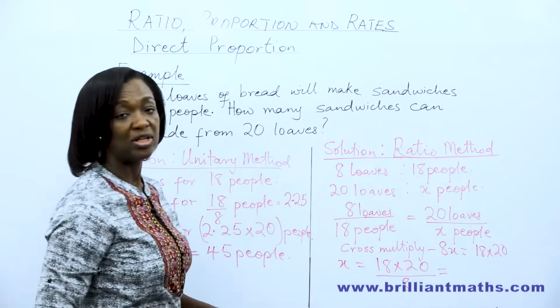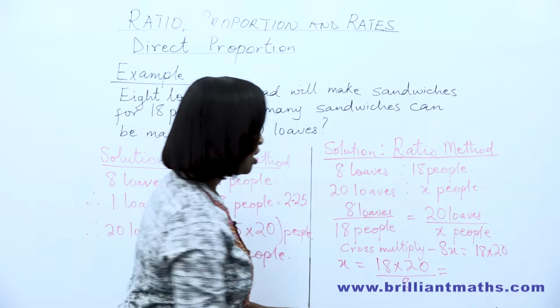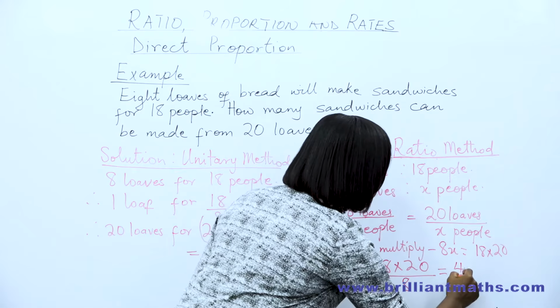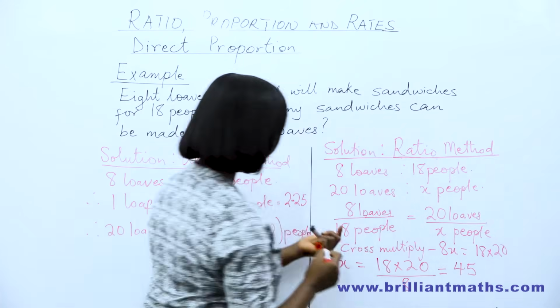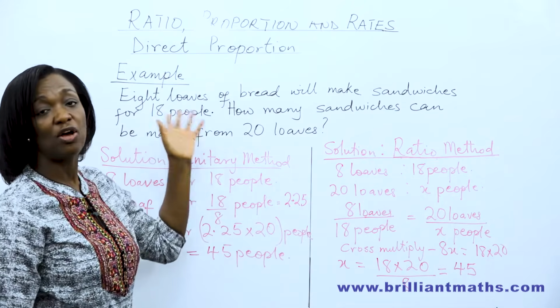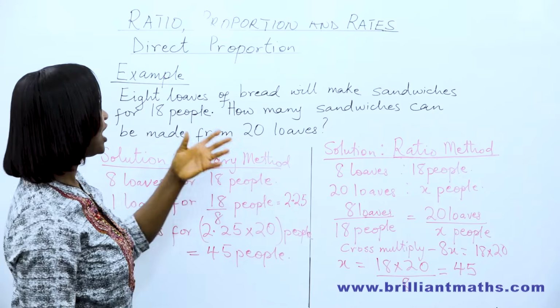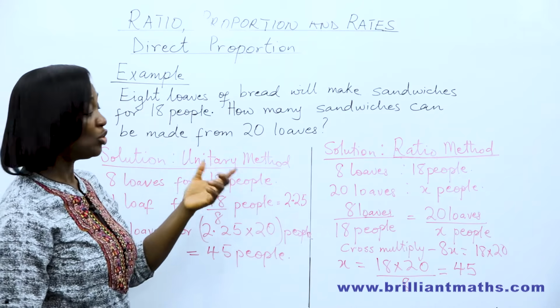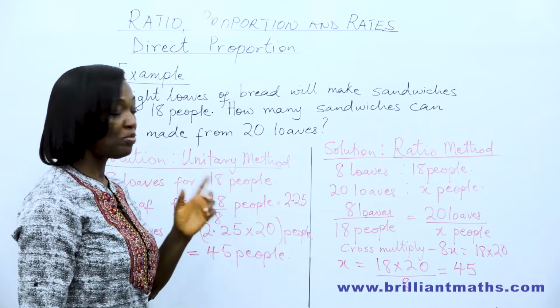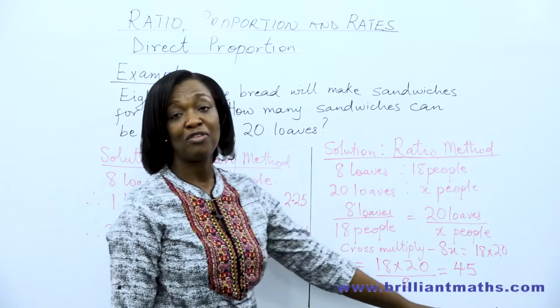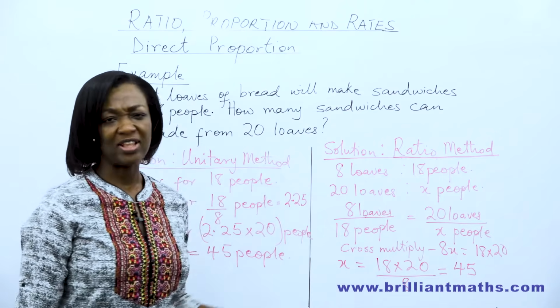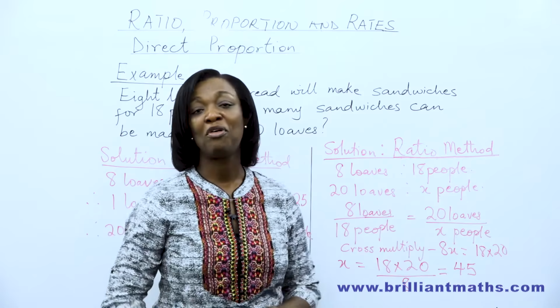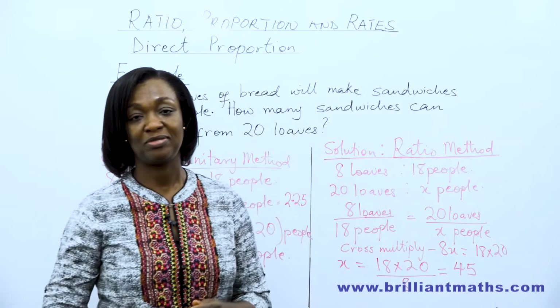Put that in your calculator, and it will also give you 45. So if you use 8 loaves to make sandwiches for 18 people, you use 20 loaves to make sandwiches for 45 people. Try this out. You can get more from Brilliant Maths Module 2.